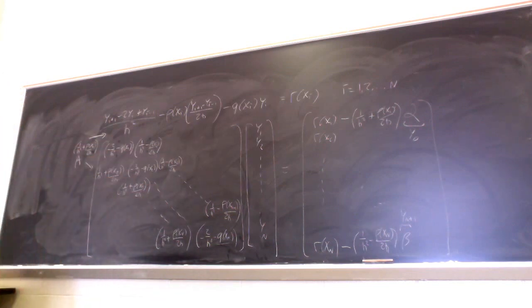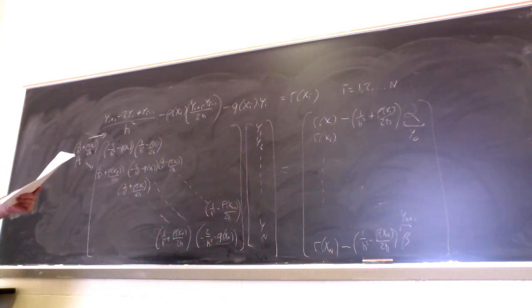You have a tridiagonal system, which Amber told you about how to solve using Gauss elimination. So everything here is the same as in the notes, except in the notes, negate everything and multiply by h squared, because that gets rid of a lot of pesky fractions. But it doesn't really matter. It's still equivalent.